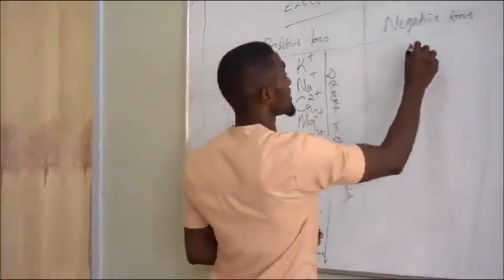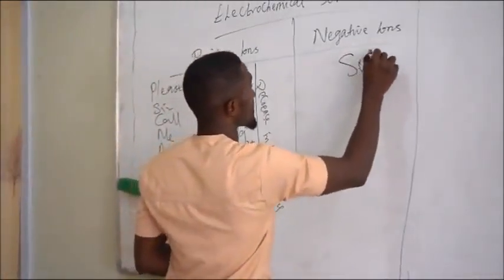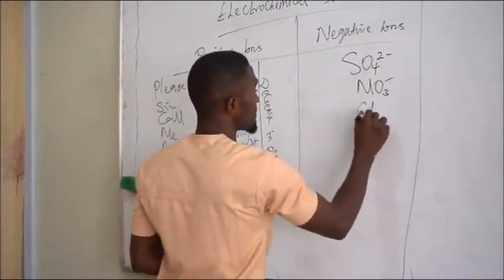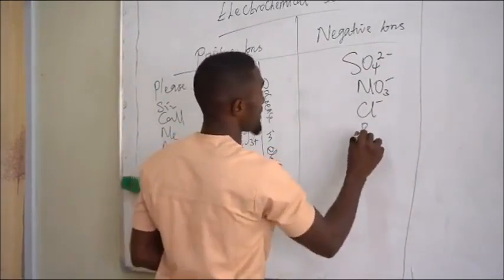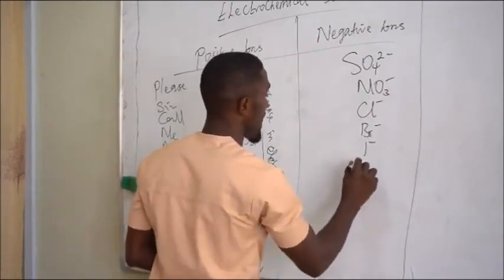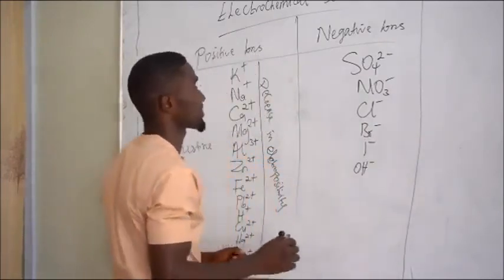We have the sulfate ions, the nitrate ion, the chloride ion, the bromide ion, the iodide ion, and the hydroxyl ion.